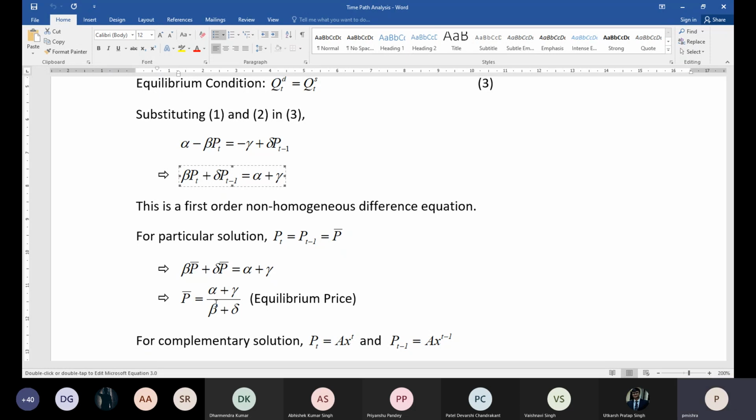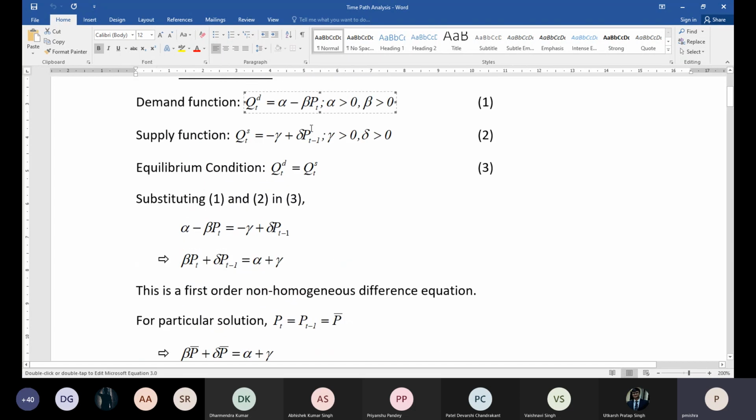The other component of difference equation solution, as you know, is basically the complementary part, which will show you how the price moves, because in this equation price is the variable. So what we are doing here, combining the demand and supply function, we are getting a first order non-homogeneous difference equation for price.